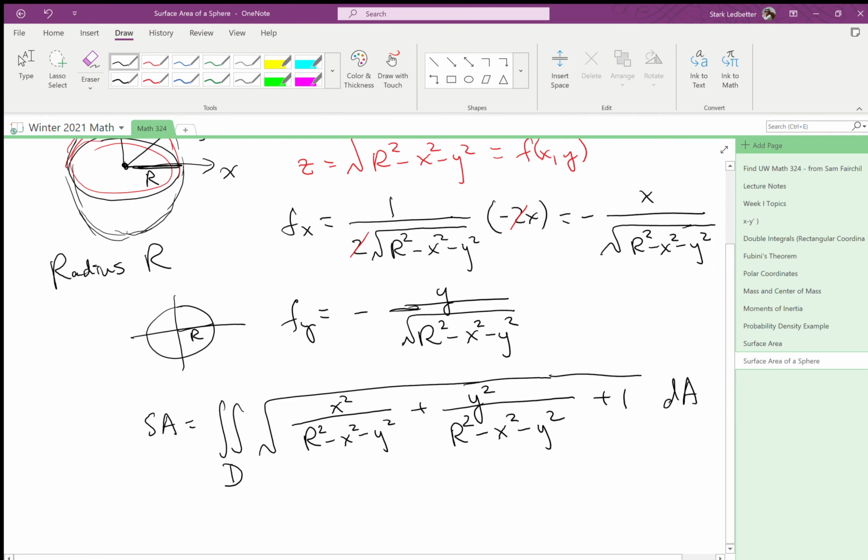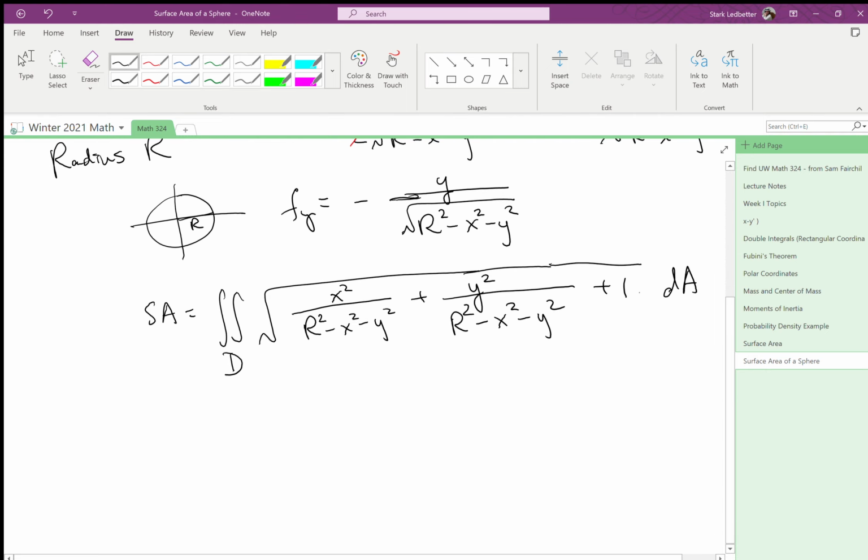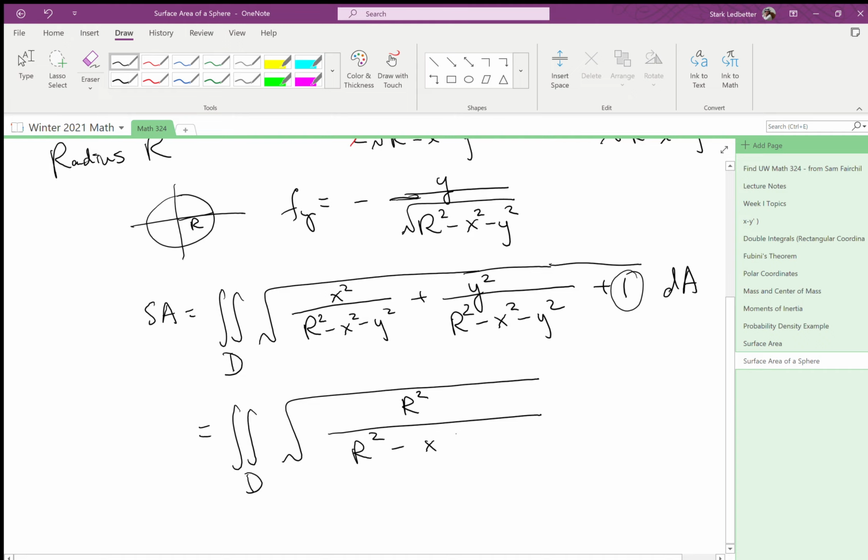We'll just write dA for now. Okay, so what's going to happen once we find a common denominator, this will be an r squared minus x squared minus y squared over r squared minus x squared minus y squared. So then once everything in the numerator cancels, you actually end up with r squared here over r squared minus x squared minus y squared dA.